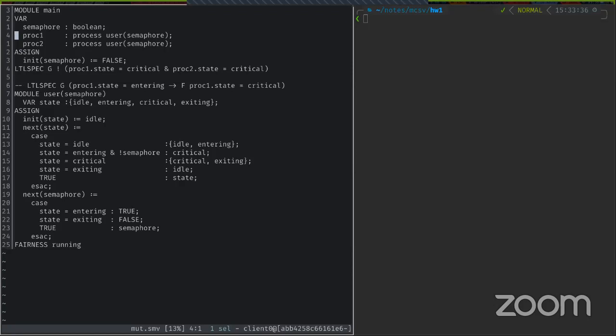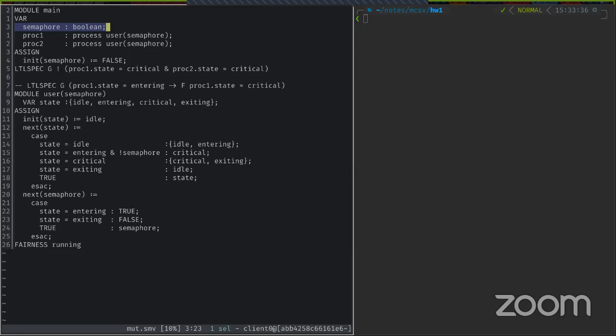So in NuSMV we can model it in this way. First, we're going to use a semaphore for communication. A semaphore is basically a boolean variable that allows us to communicate whether a process is accessing the critical section or not.